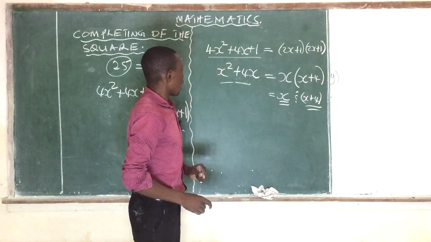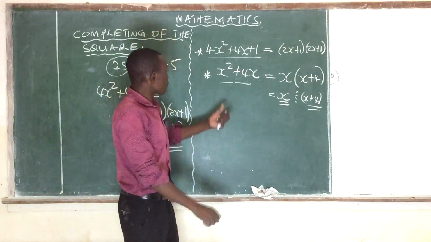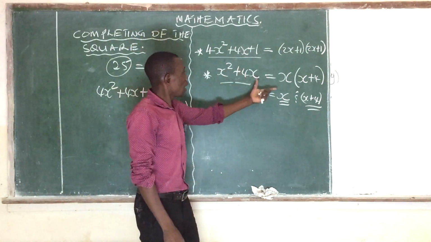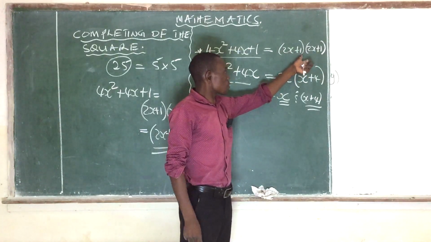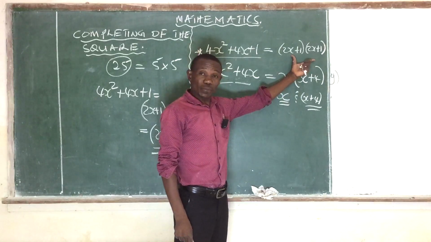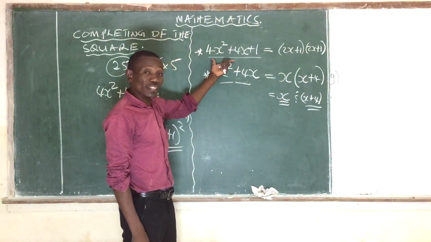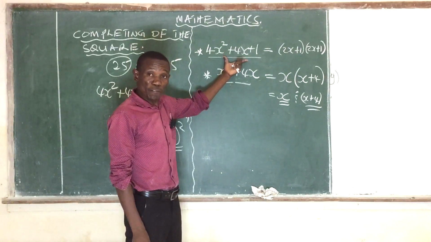Let us now compare this expression and this expression. If you look at the factors of this one, they are 2x plus 1 and 2x plus 1. These two factors are identical, so we define this one as a perfect square, a complete perfect square.